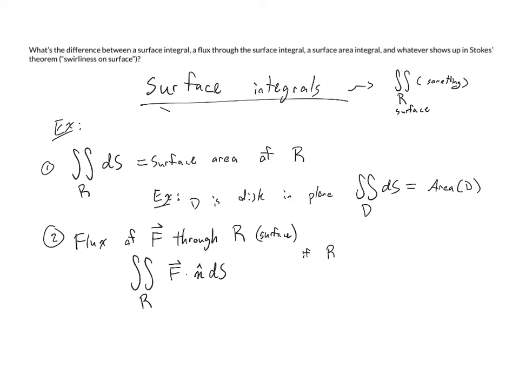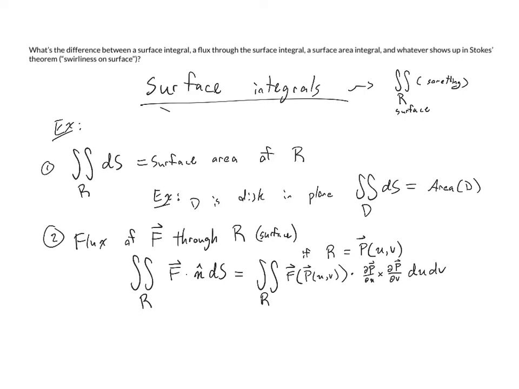But if R is parameterized as P of u comma v, then this looked like you were integrating over the region U of F of P of u comma v. P is vector valued here. Dot, and then n hat dS turned out to just be dP/du cross dP/dv du dv.